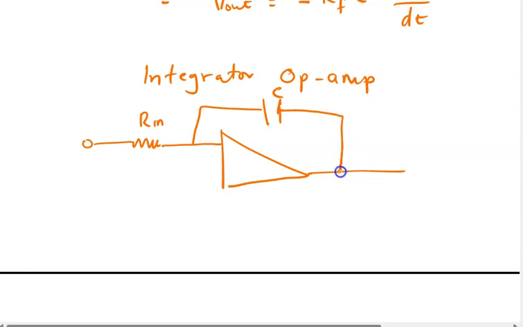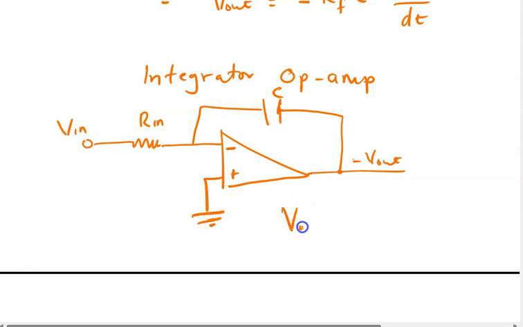Are you okay? So we have the output over here. Since it's connected to the inverting side, the output is always negative. Then we have the V in here. Then the non-inverting side is connected to ground.